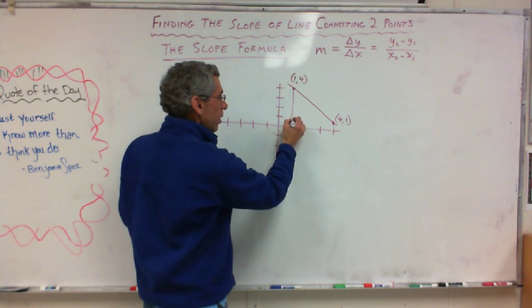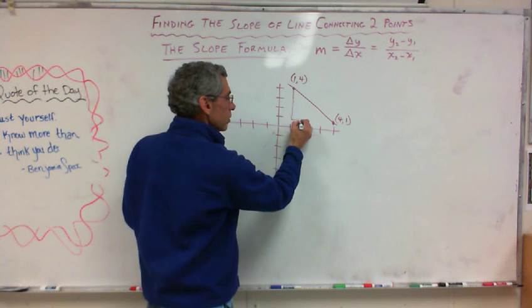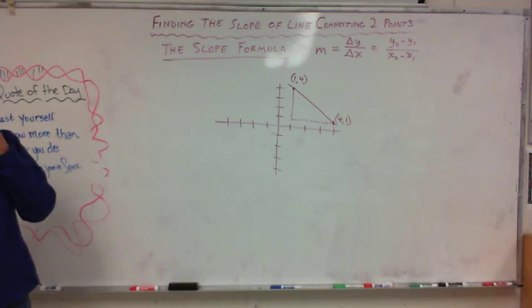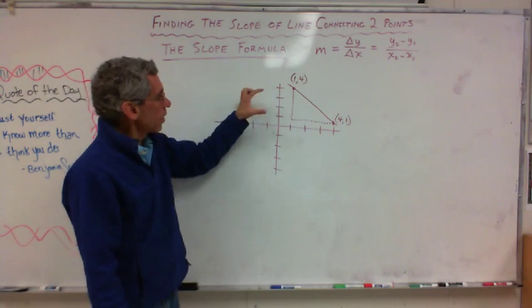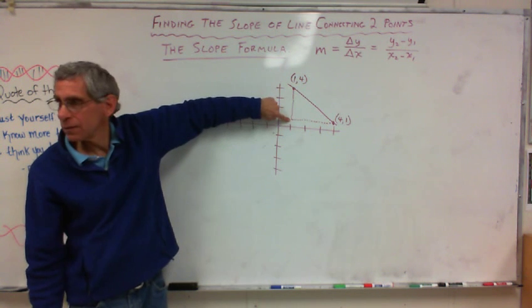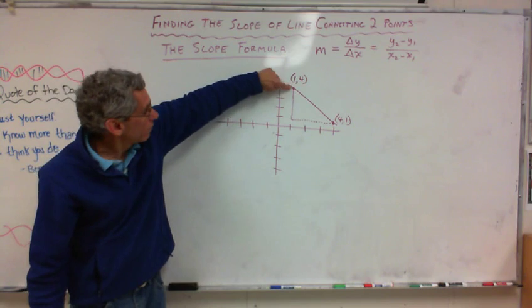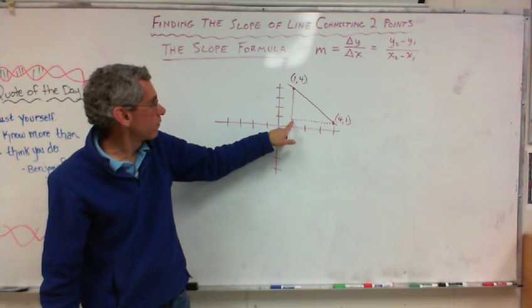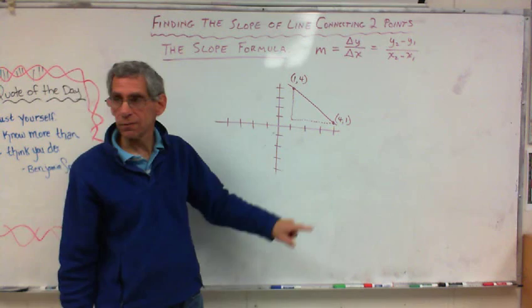Bring this down as far as it goes until it's time to go this way. Now I want to find the length of this to this, and then the length of this to this, right?